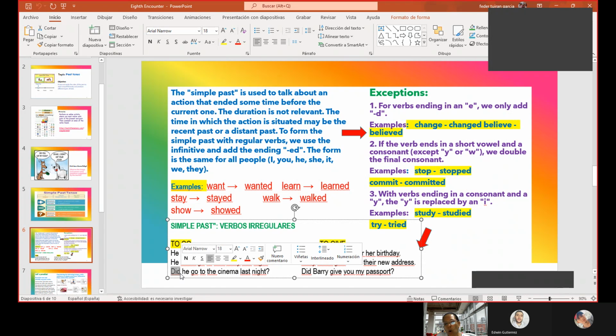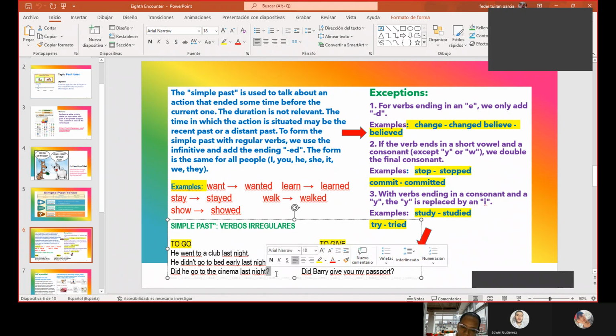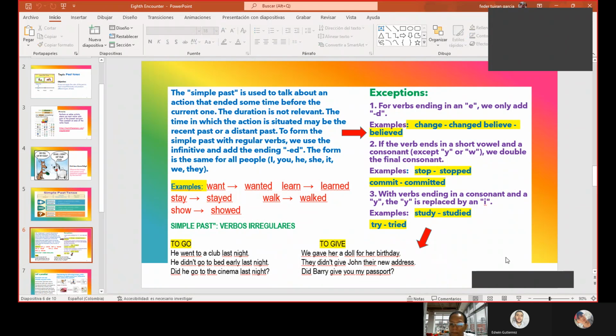Did he go? We use the verb in the base form. Did he go to the cinema last night? Remember, don't forget the question mark. This is important. You know, the question mark is always at the end in English.